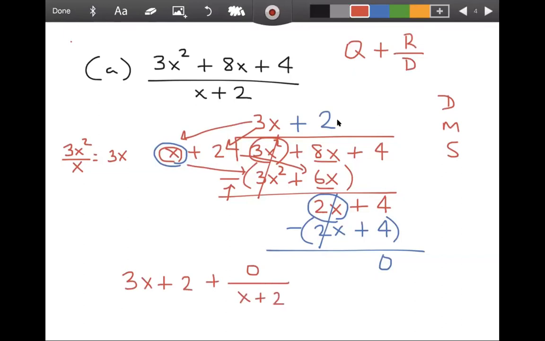When the remainder is 0, you can leave out that fractional term because any fraction with 0 as the numerator is 0. So in this case, the simpler answer would be 3x plus 2. All right, so hopefully you were watching that and not writing. So at this point, please pause the video and take all the notes you need. And when you're ready, we'll go on to letter B.